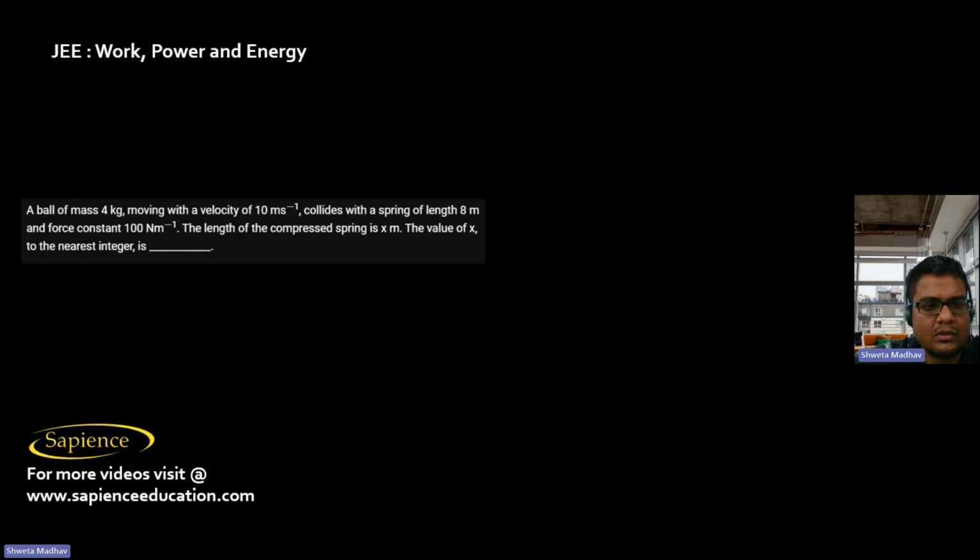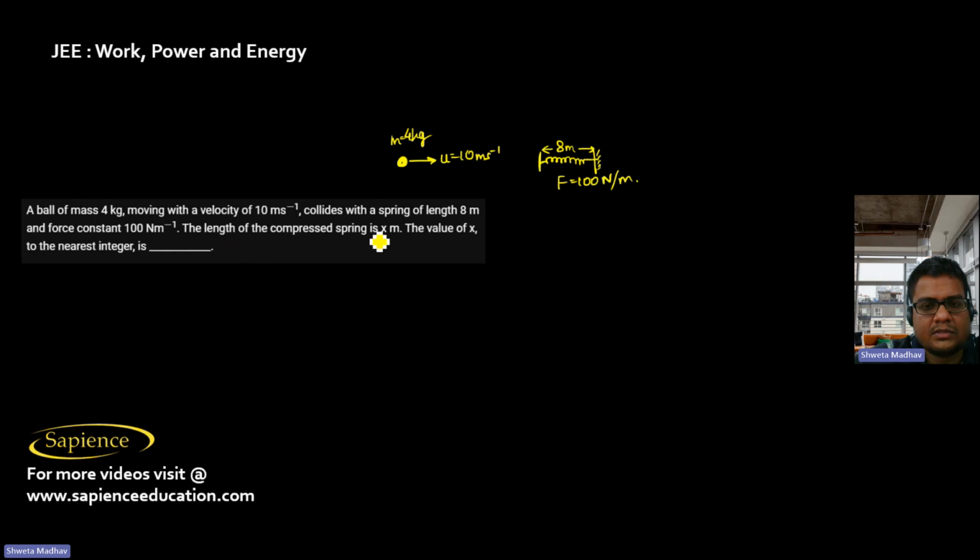And it is told a ball of mass 4 kg, its mass is 4 kg, is moving with a velocity u, that is 10 meter per second. It collides with a spring having length 8 meters and force constant 100 Newton per meter.